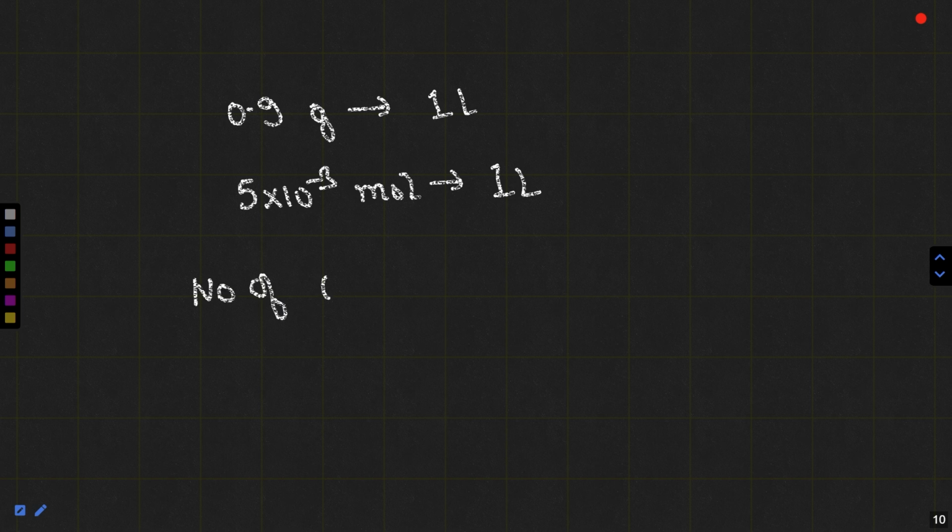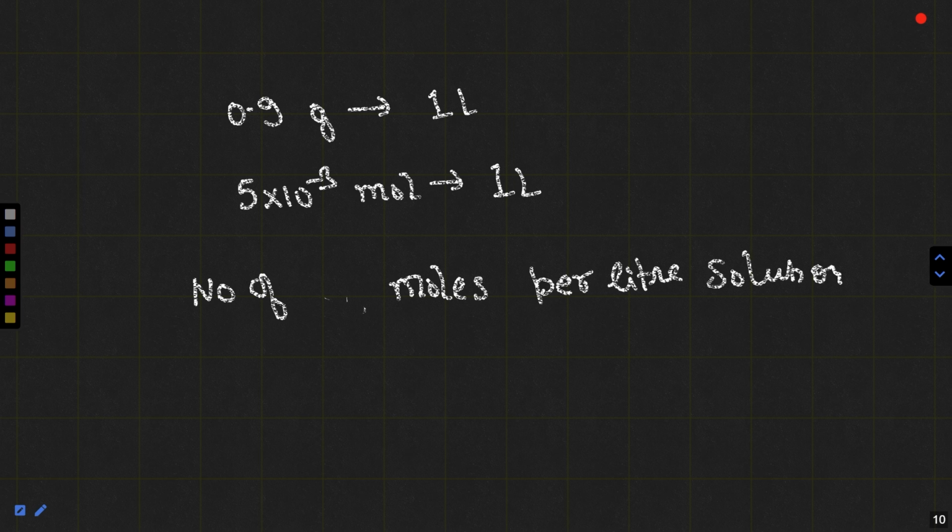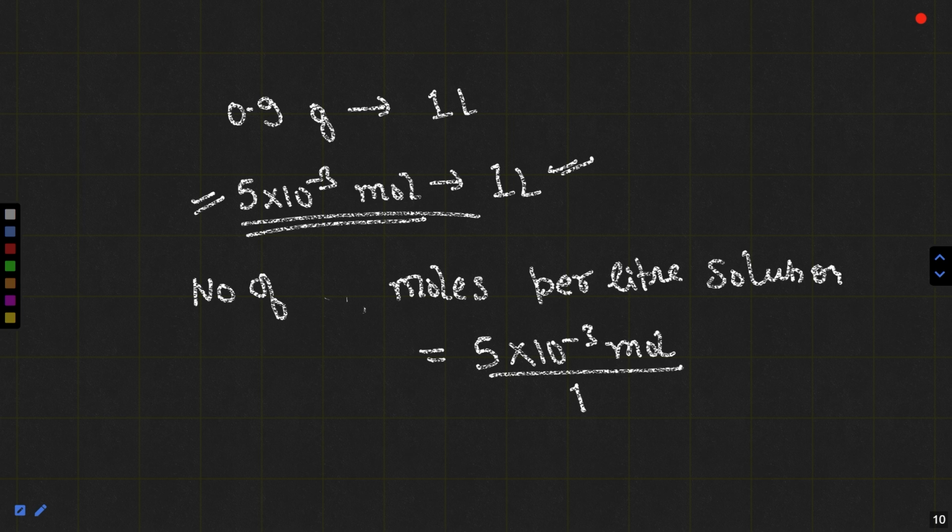It is number of moles per liter of solution. So this is the definition. You have to calculate this, but I guess we have already calculated this here. Therefore, we can say that this here is simply the molarity. You can also calculate it using the formula. So that would be 5 into 10 to the power minus 3 mole divided by the volume of solution, which is 1 liter. Therefore, you will get 5 into 10 to the power minus 3, or you can also say it as 0.05 capital M.